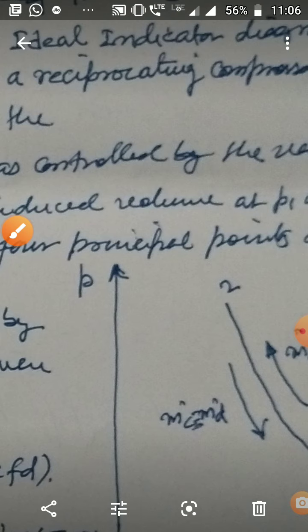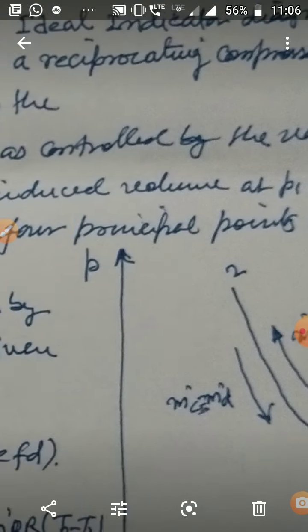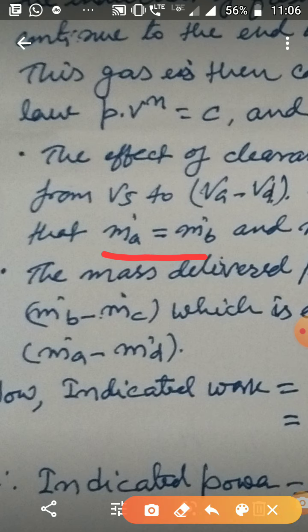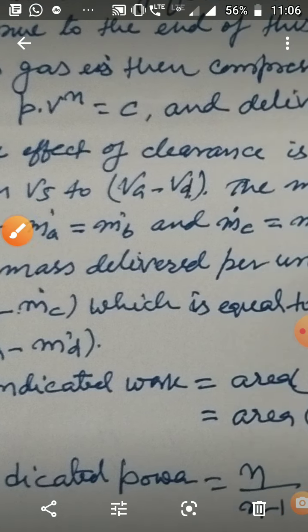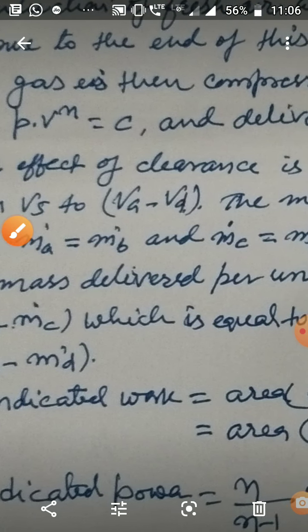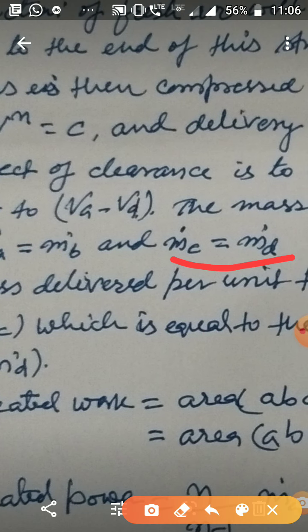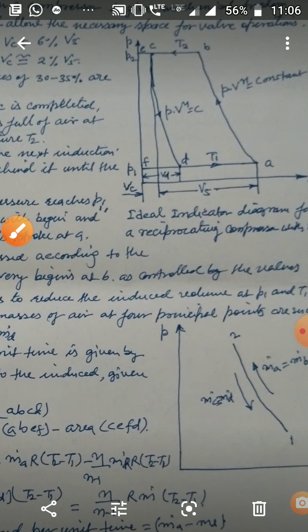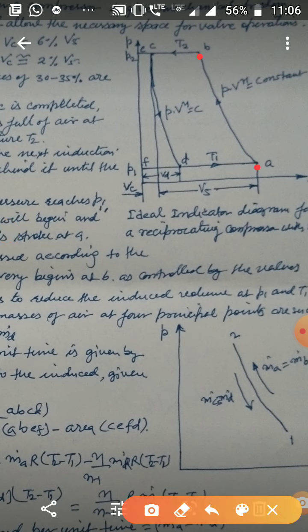The masses of air at the four principal points are such that m dot A equals m dot B and m dot C equals m dot D. These masses will be equal. So you can again see that at point A and at point B the masses are constant. Only from point A to point B the compression will take place.